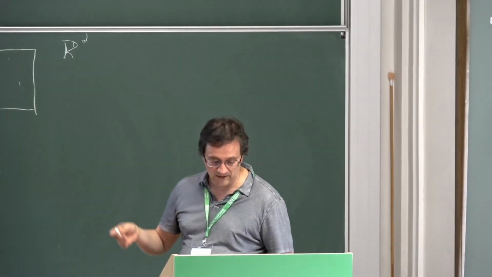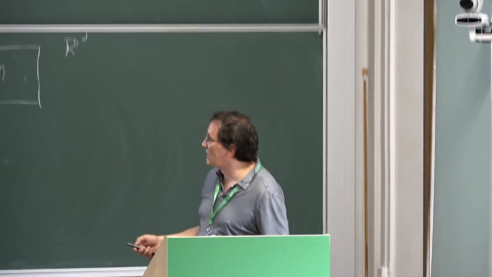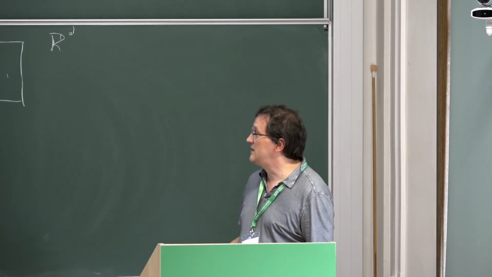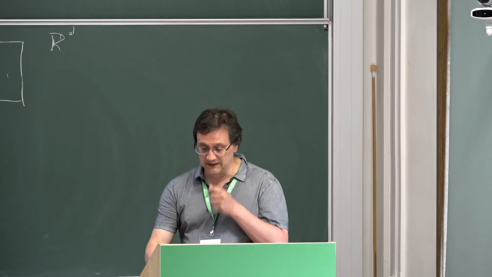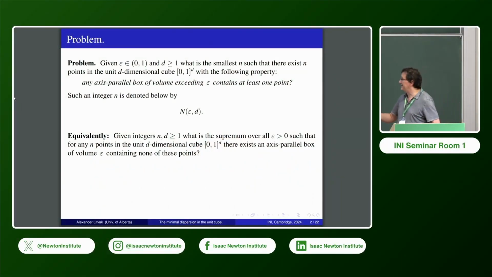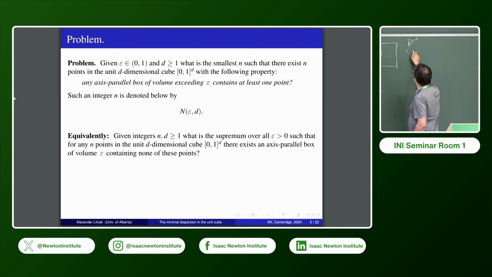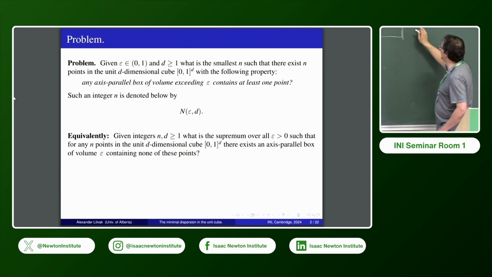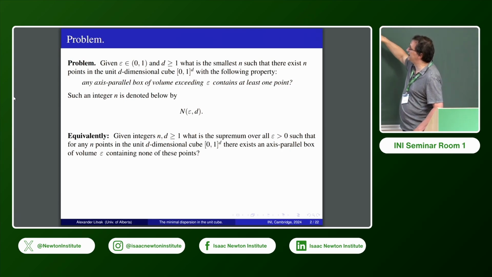Such a number we will denote by n(epsilon, d), and of course we can formulate an equivalent problem, which is actually called dispersion. Here I fix some epsilon and d. Epsilon corresponds to volume, and I'm looking for n.